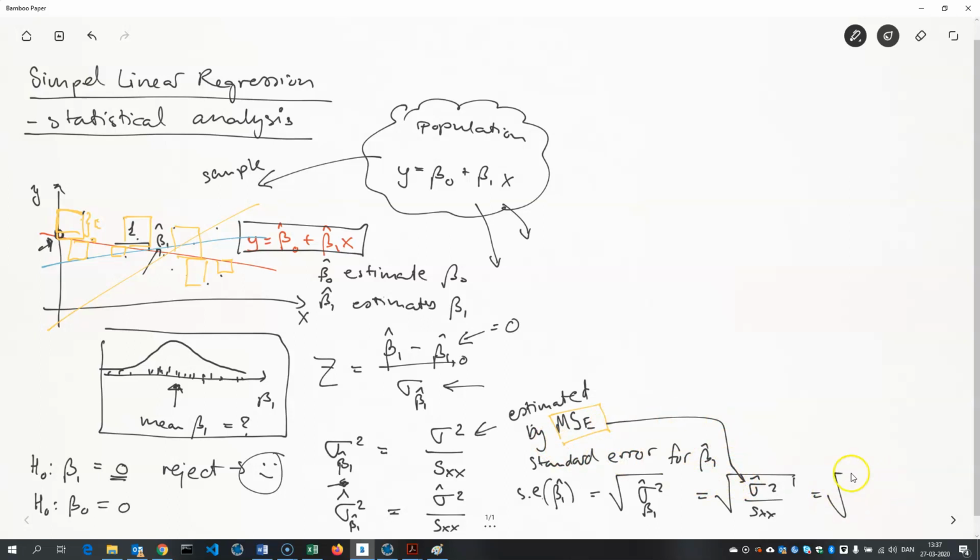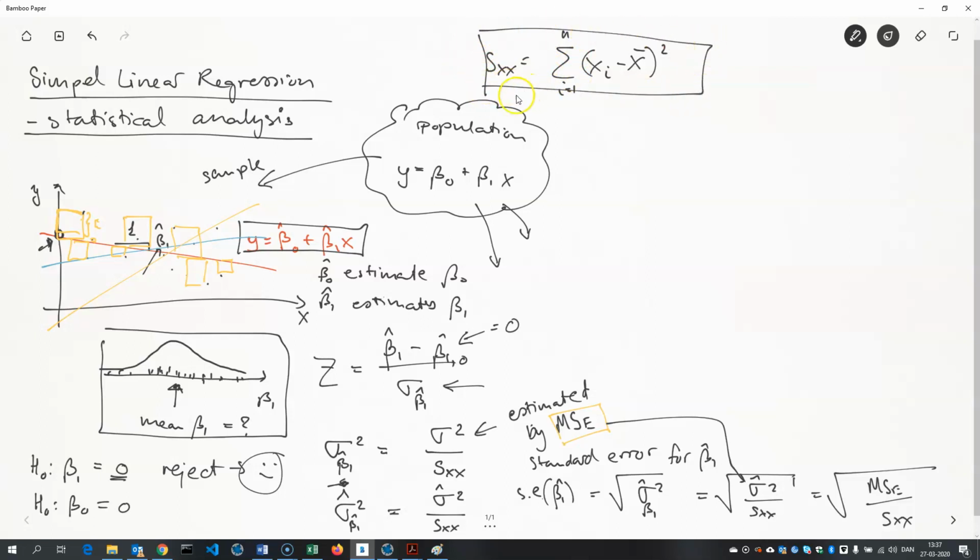So we get mean square error divided by the sum squared deviation. Now what is the sum squared deviation? Well, that's just to remind ourselves. That's just taking each x value and subtract the mean and square that and sum for all the observations here. That's what that means.